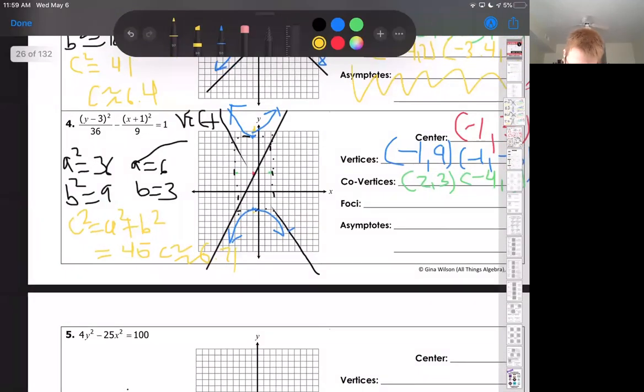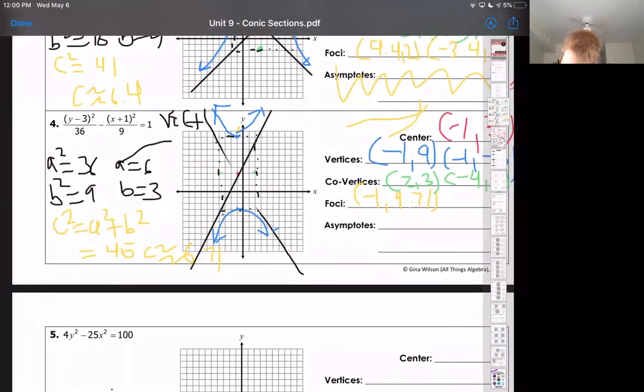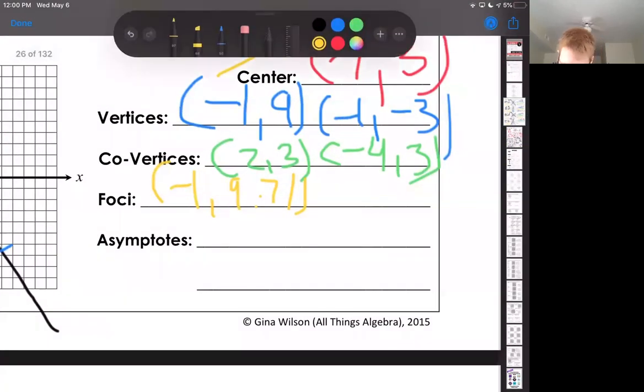The coordinates would be -1, 9.71, and our second one would be -1, -3.71.